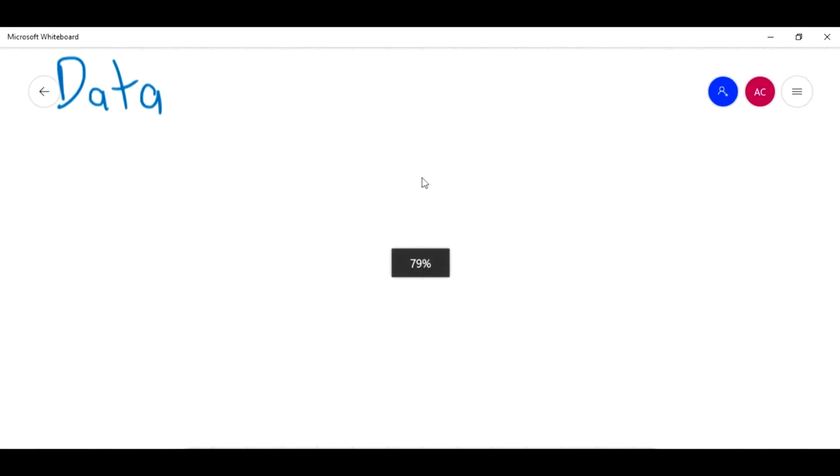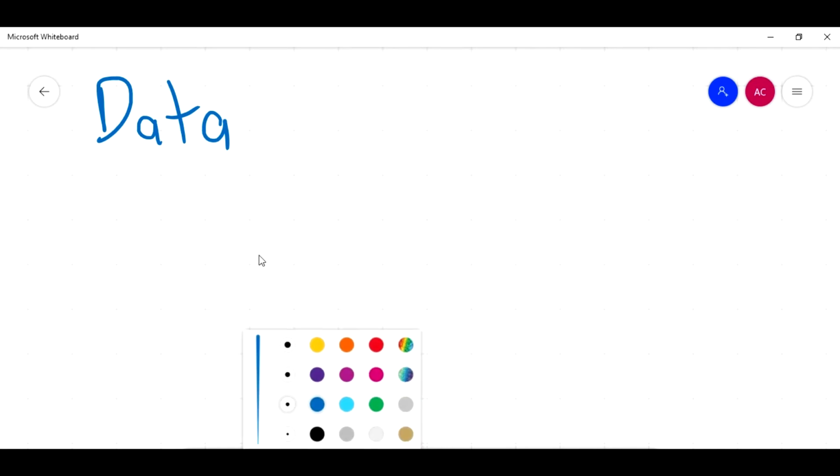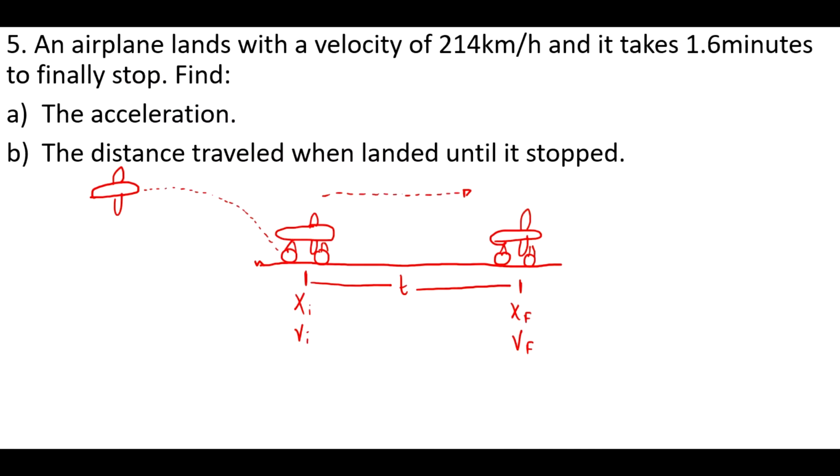Okay, let's give it 100% the zoom. The data is initial velocity equals 214 kilometers per hour. Of course, the final velocity will be 0 kilometers per hour, because at the end the airplane is completely stopped.